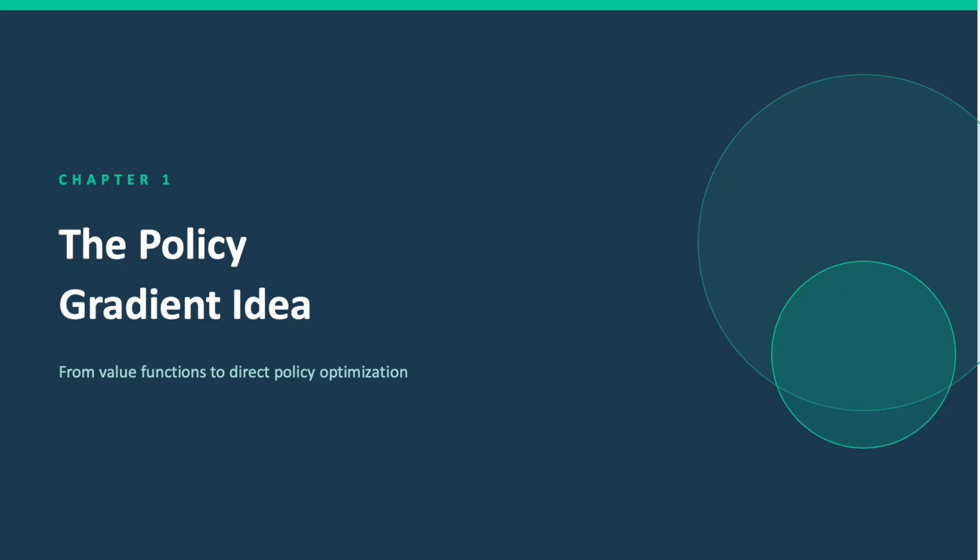The policy gradient idea. Before we get into equations, let's build the right intuition. In DQN, the policy is implicit. It is whatever the argmax of the Q function says to do. That works fine when actions are discrete and the space is small enough to take the max over.